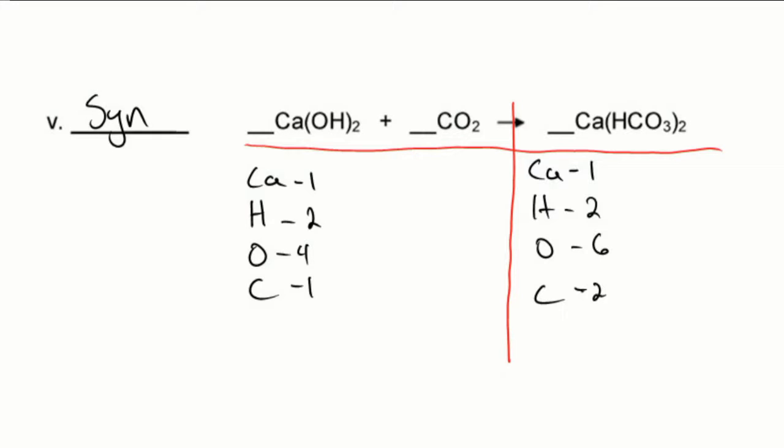So here we go. Calcium's good, hydrogen's good, oxygen's not good, carbon's not good. I'm going to try to balance the carbon first. I know I said I didn't want to do that, but let's go for it. I'll put a 2 here. Changes my carbons to 2 and my oxygens to 2, 4, 5, 6. Is that it right there?